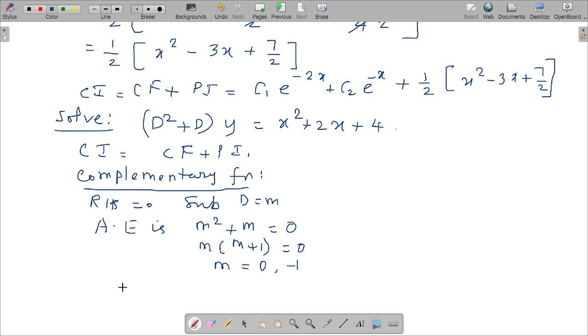Therefore the roots are real and unequal.